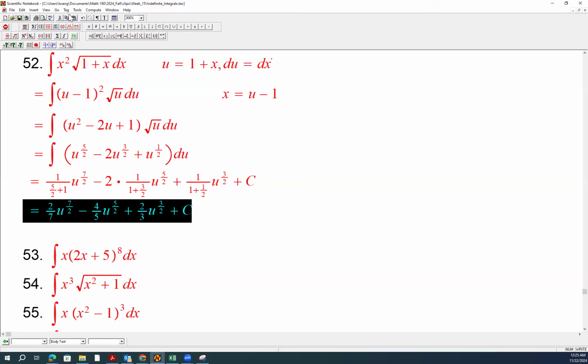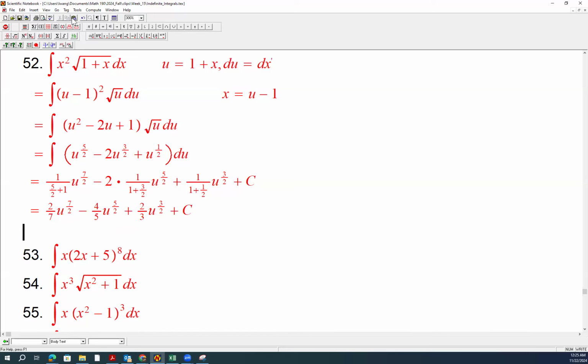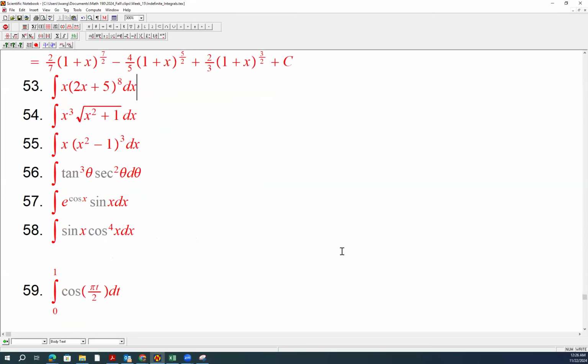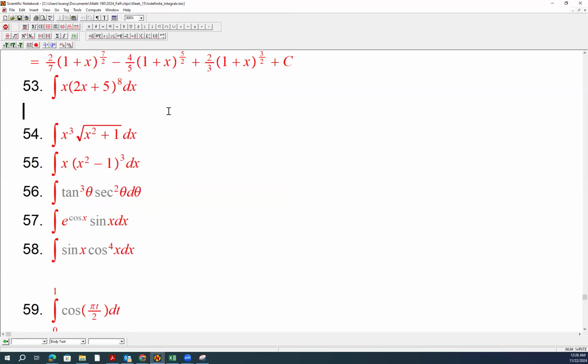Last but not least, substitute 1 plus x in the place of u, in parentheses. So we're going to substitute every u by 1 plus x. Yes, this answer looks a little more complex. We did it.